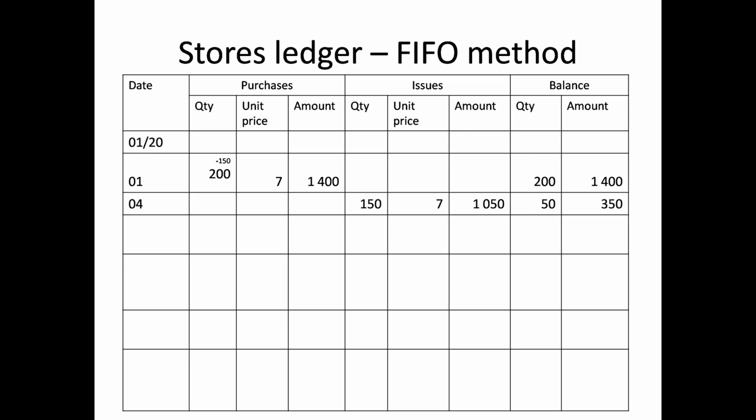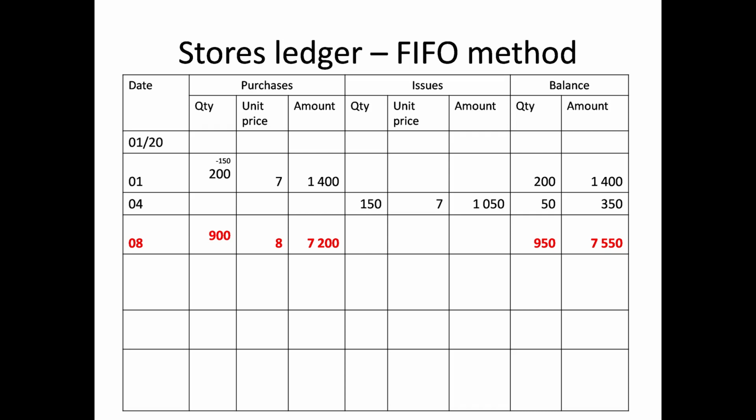Next transaction. 8th of January, purchases 900 units at 8 rupees each. Under date 8, under purchases quantity it's 900, unit price 8. Then the amount 900 multiplied by 8, it's 7200.